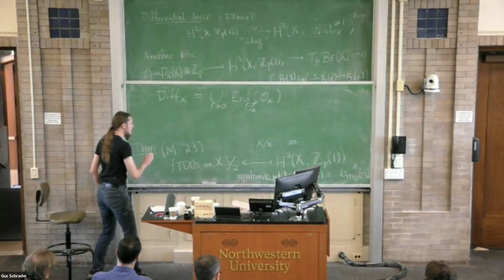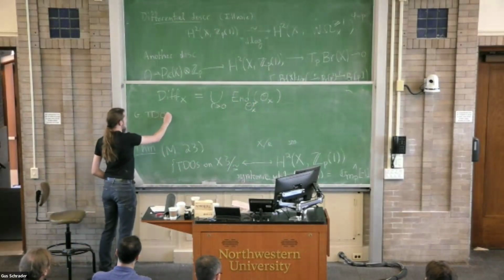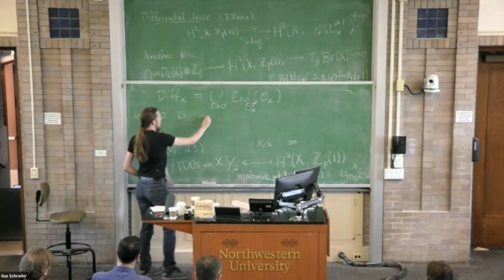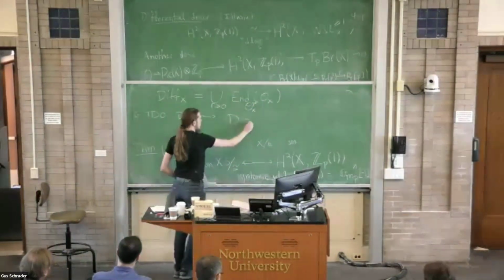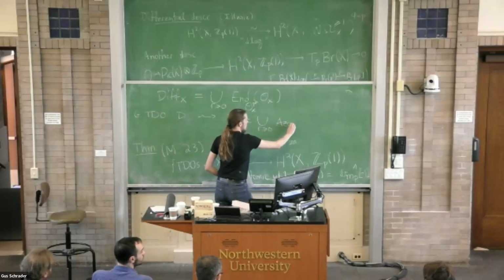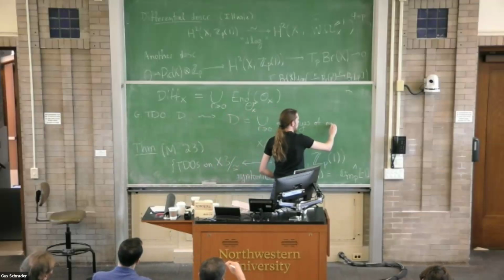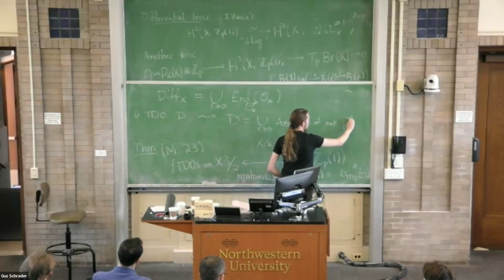Yes, I was going to say it is possible to do it directly. If I have a Grothendieck TDO D, then D turns out to be a union of Azumaya algebras of rank p^r times the dimension.